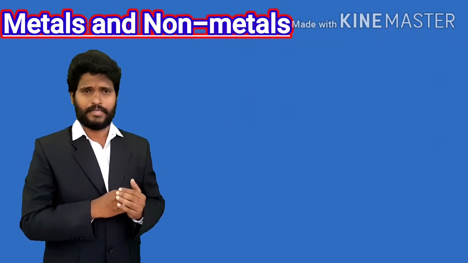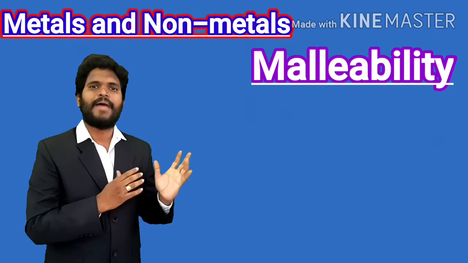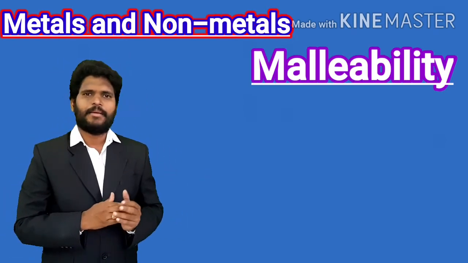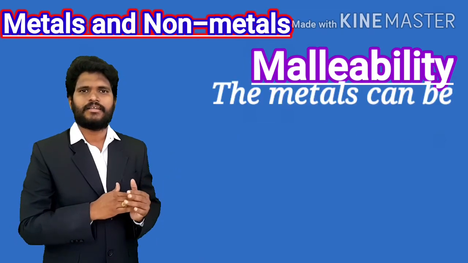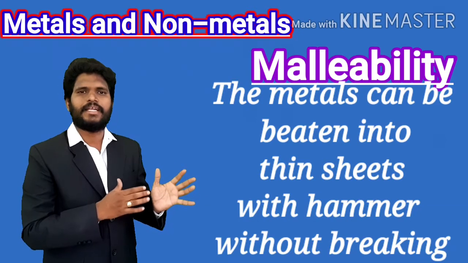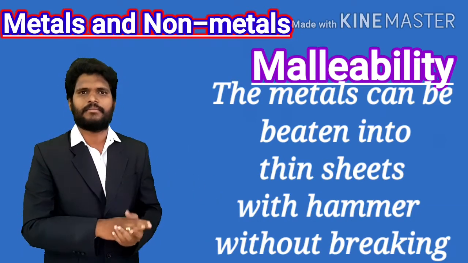The next property is malleability. Malleability is nothing but converting metals into thin sheets by hammering.